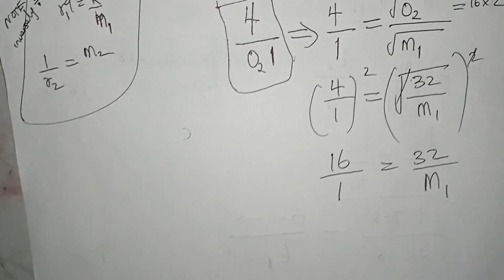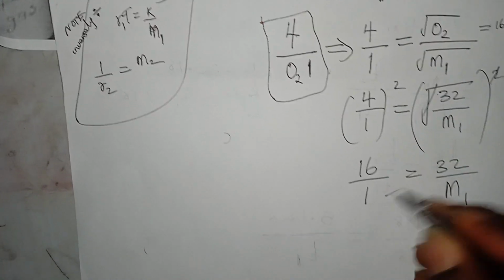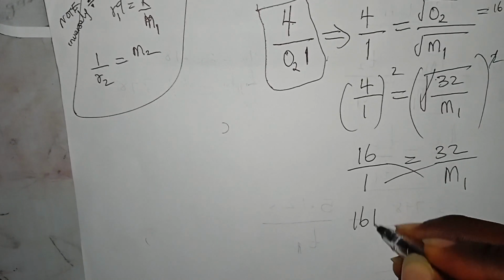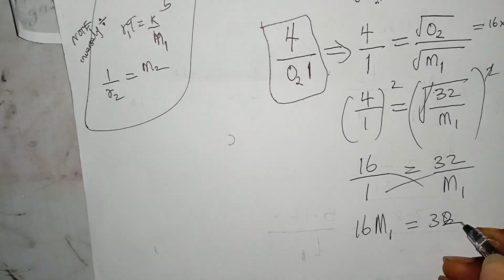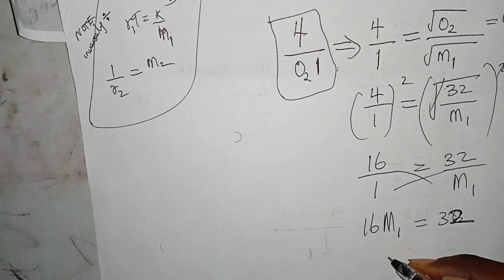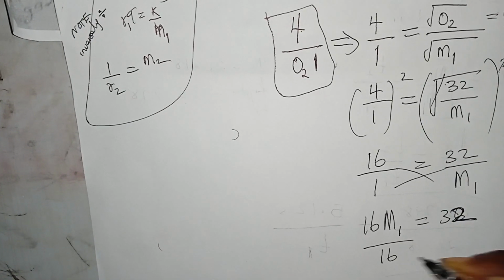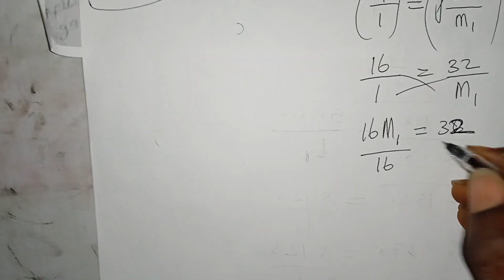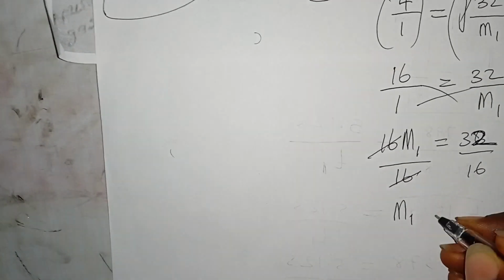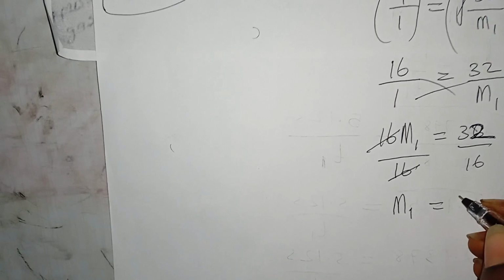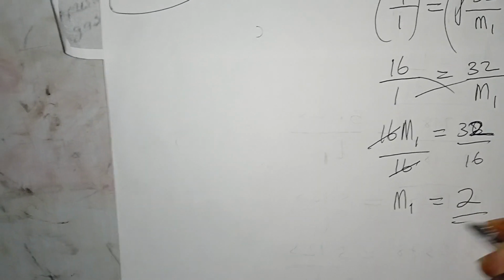Cross multiply, so that 16 M1 equals 32 times 1, which is 32. Divide both sides by the coefficient of M1, which is 16. M1 equals 32 divided by 16, which is 2. So M1 is 2.